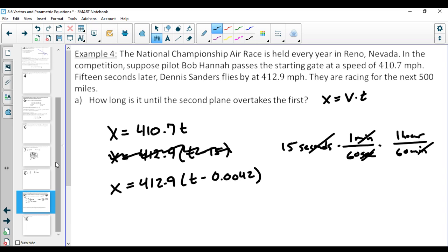The reason we have to do this subtraction of the time here is because we're treating these equations together as a system. If we counted time 1 for this person as well, that wouldn't make sense because they haven't passed the starting gate yet and haven't started moving. So we need to subtract the time difference.